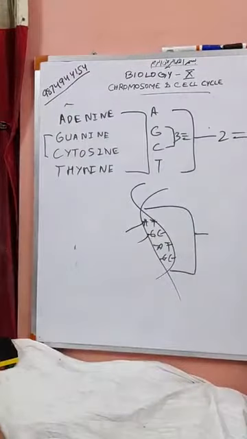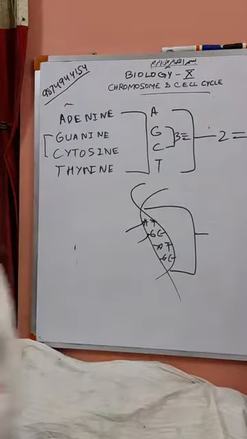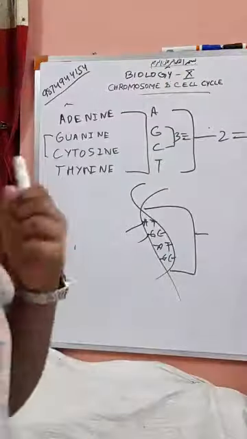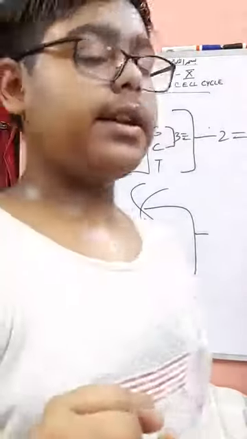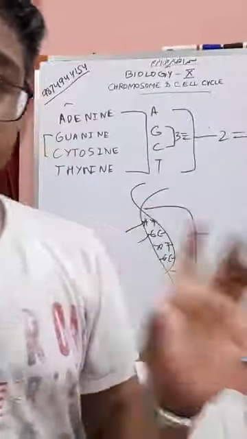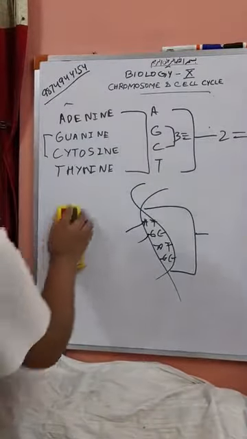Now how they are condensed is because of some proteins which are known as histone proteins. Histone proteins are 8 in number. Therefore they are also known as histone octamer. Oct meaning 8 and histone is the name of the proteins. Histone octamer.